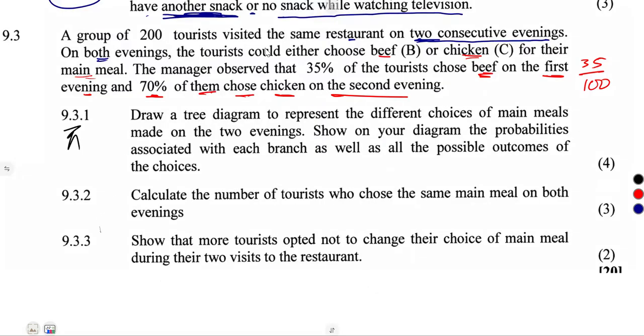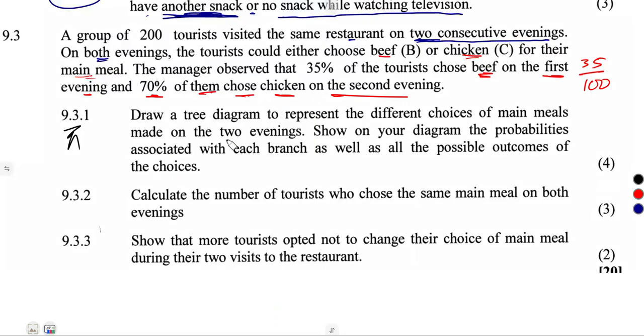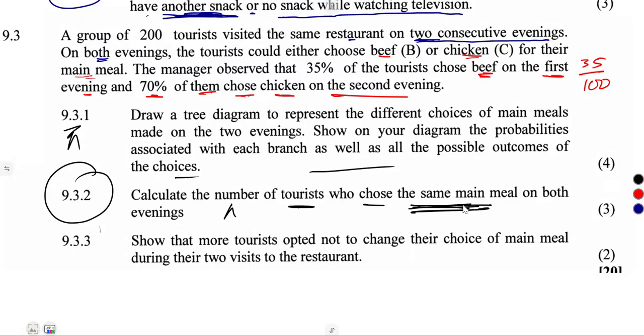Represent this on a tree diagram. As we are representing, show all these branches and the possible outcomes. 9.3: calculate the number of tourists who chose the same meal.